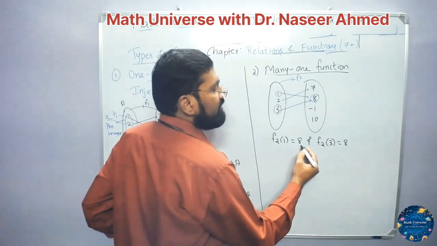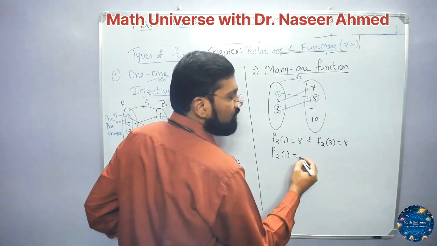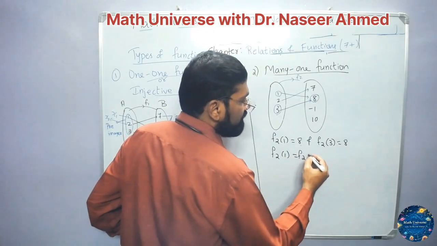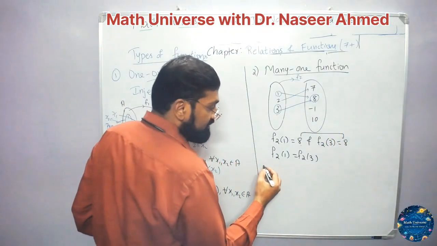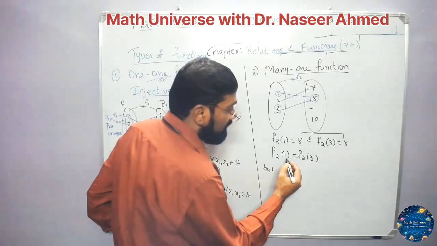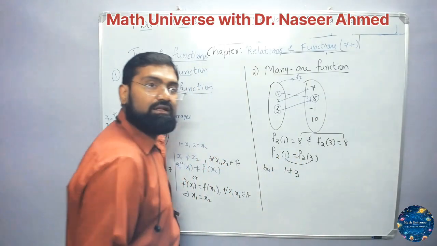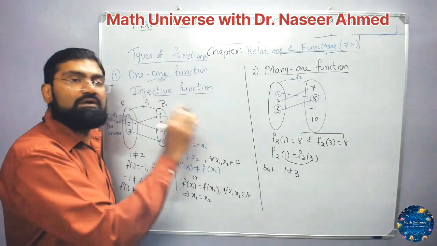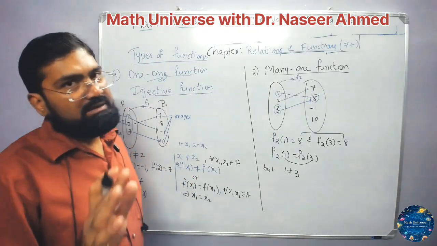Now since 8 is equal to 8, I can write f2 of 1 is equal to f2 of 3. But see carefully, images are equal, but what about pre-images? 1 is not equal to 3. That's what it is: not one-one, nothing but many-one function. Any function which is not one-one is many-one.